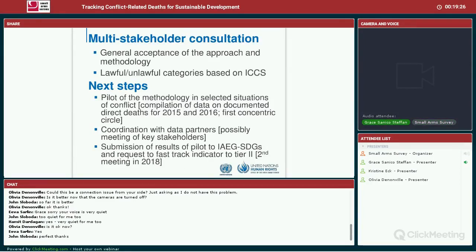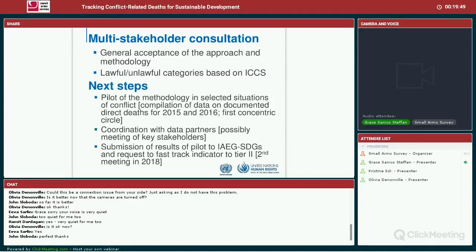So the next steps for the development of this methodology is that we have to pilot test the methodology in selected situations of conflict. We are expecting to compile data on the first concentric circle, so the documented direct debts, for 2015, that's the baseline year for the SDGs, and 2016.